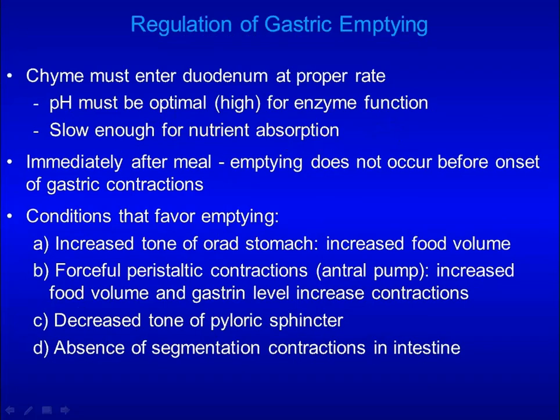Conditions that favor emptying include increased tone of orad stomach by increased food volume, increased antral contraction triggered by volume and gastrin level, relaxation of pyloric sphincter, and absence of segmentation contraction in the small intestine.